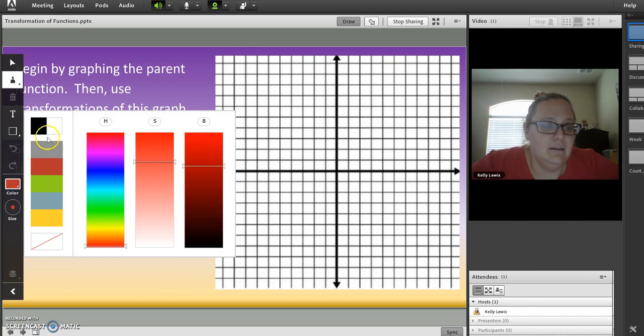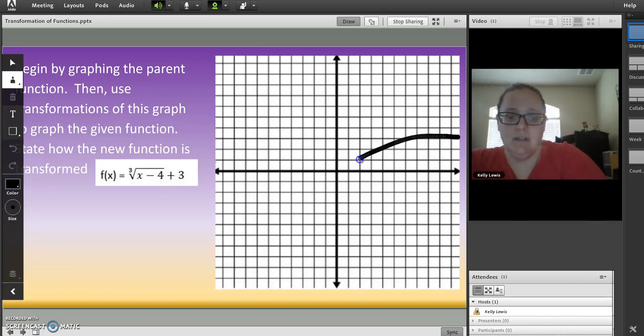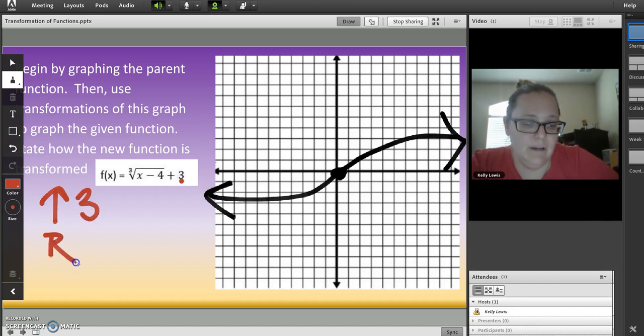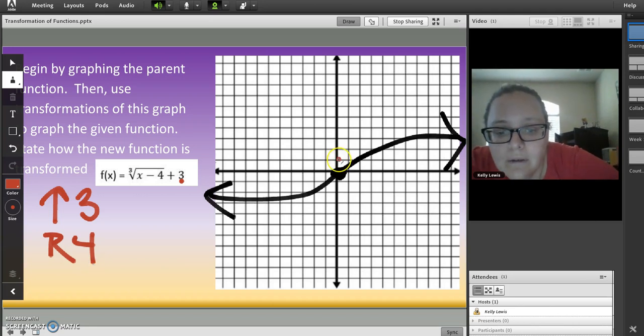Right here, cubed root is like this. The vertex still being right there. And so this says we're going to go up 3 from that. And then we're going to go not left 4, but right 4. So up 3, right 4. And then we'll still draw the same shape.